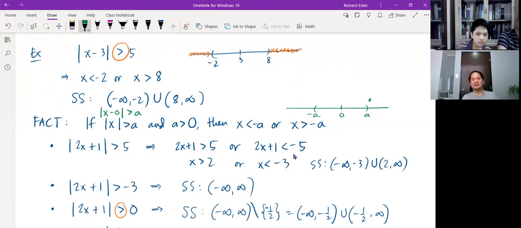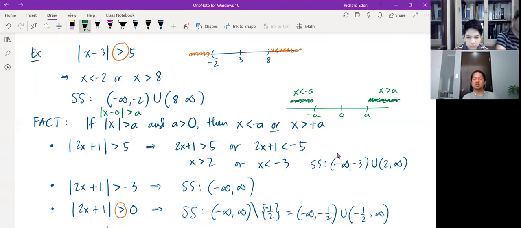So either x is here, or, oops, I made a mistake. Either x is greater than a, or, andito, x is less than negative a. So either here on the right or here on the left.